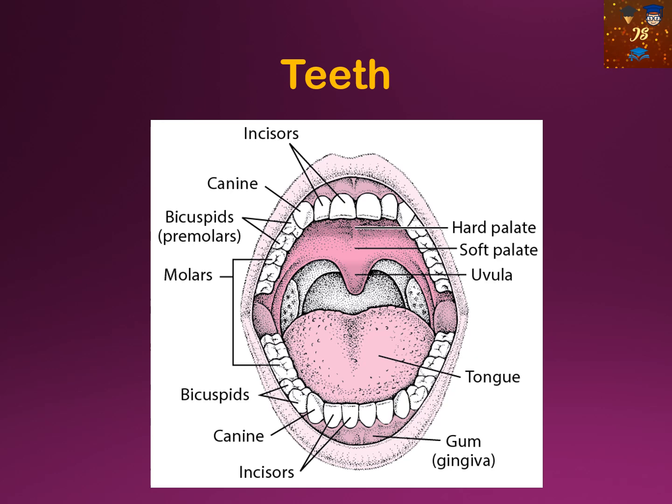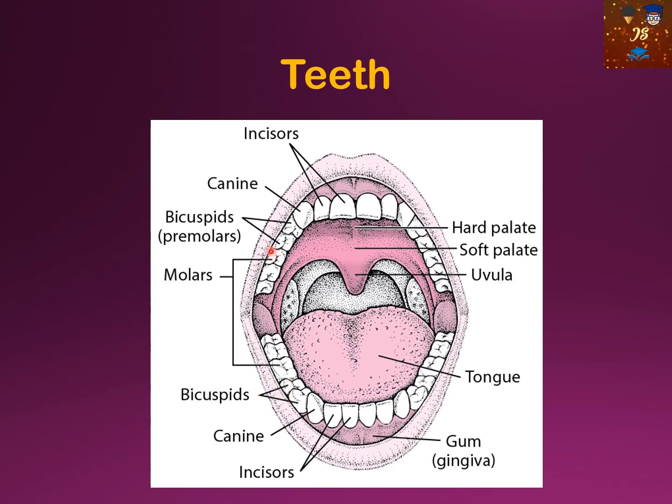The first part of the mouth which we are going to discuss is the teeth. If we see in a fine view, there are 4 types of teeth. This is called the incisor, and just beside the incisor there is the canine. You can see below in the lower jaw, these are the incisors, this is the canine, these are the bicuspids or premolars.